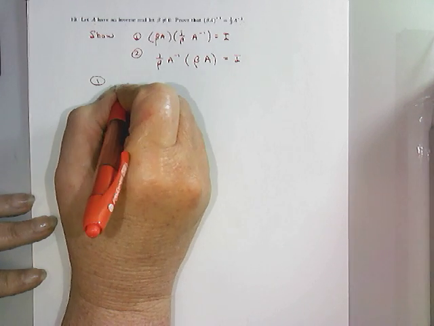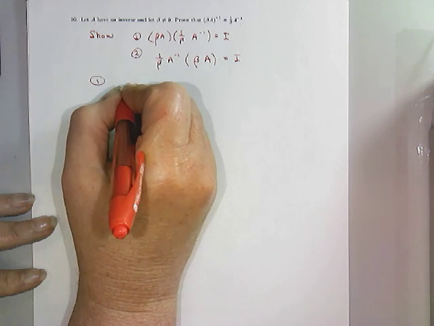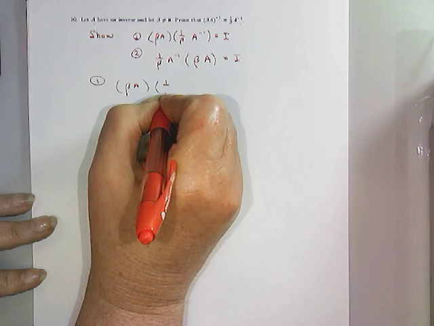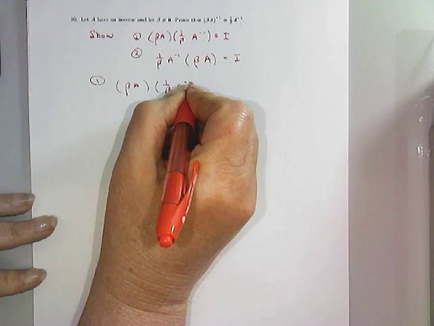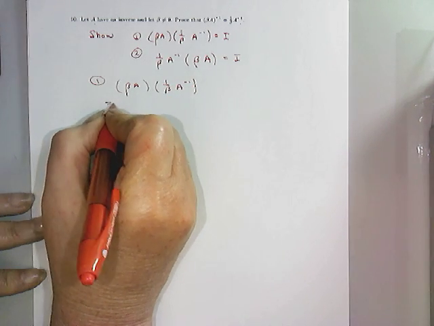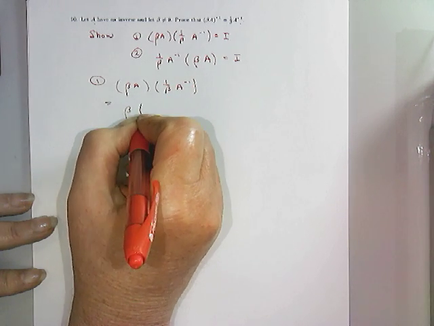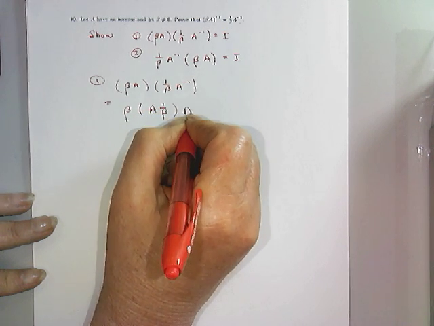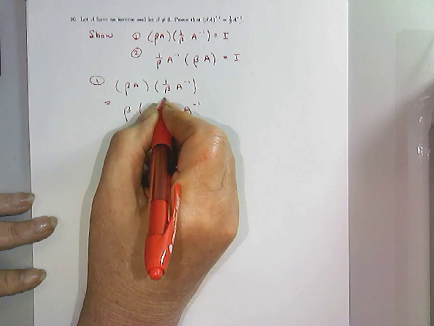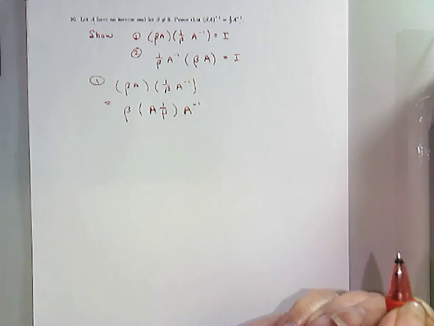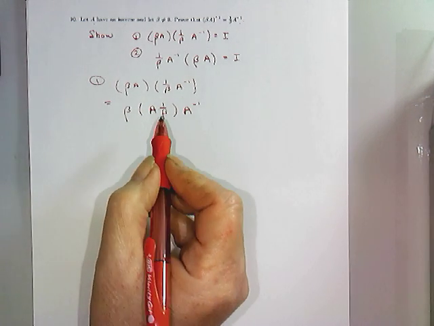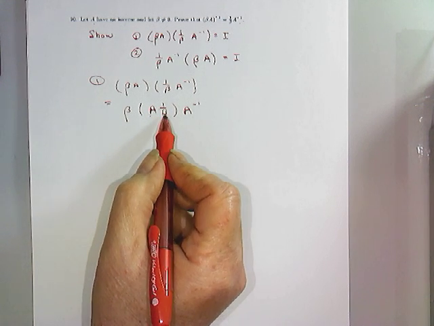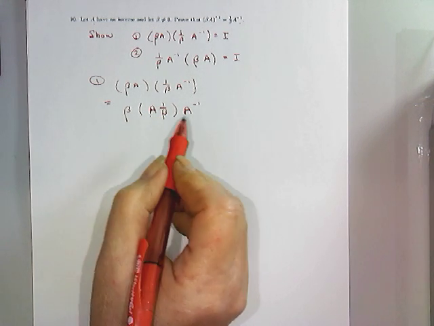The first step, beta times A times 1 over beta times A inverse. Now, this is actually equal to beta times A times 1 over beta times A inverse. But 1 over beta is just a scalar, and whether we multiply a matrix by a scalar on the left or right doesn't make any difference.